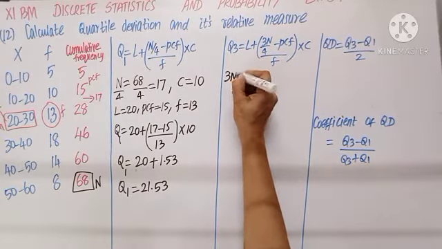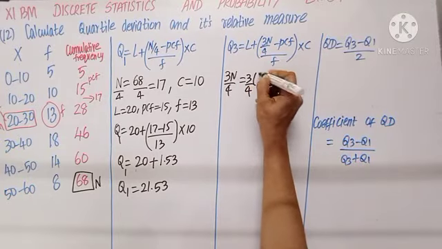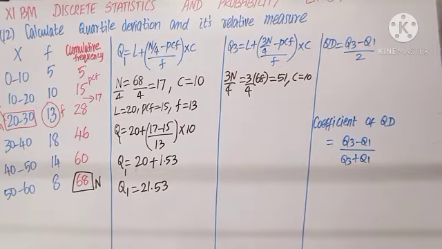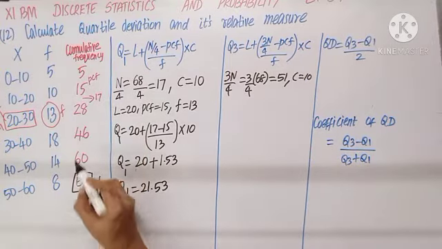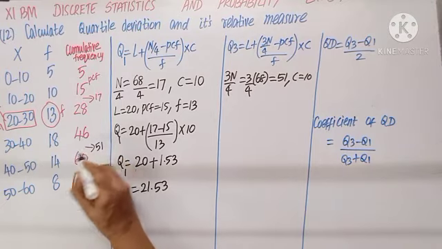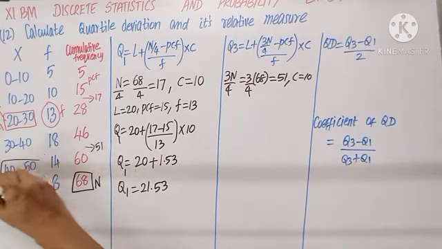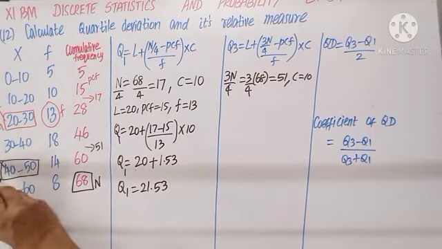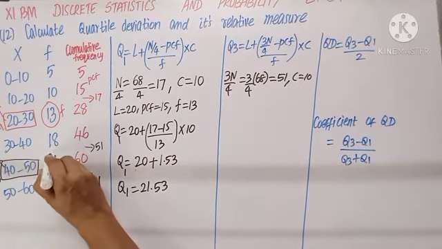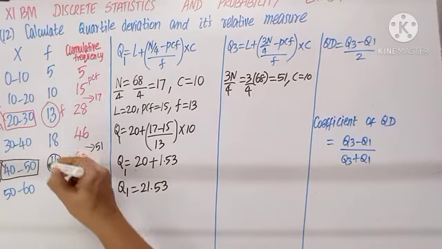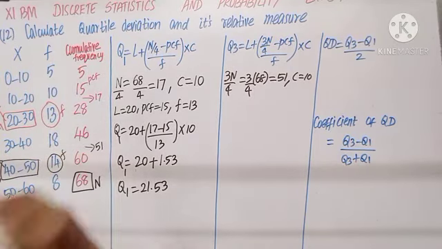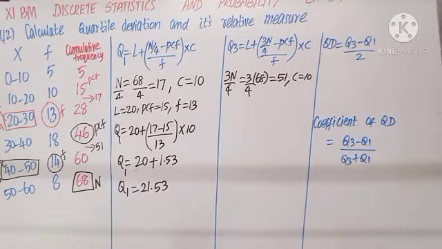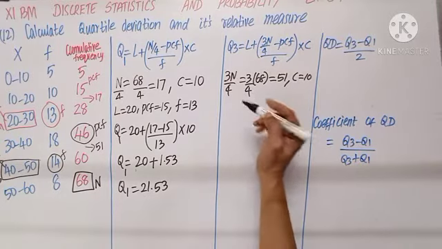The same way we will go for Q3. Find out 3N by 4, 3 by 4 of 68. It is 51. Check where 51 is crossed in cumulative frequency. 51 falls here. So this class I will call the quartile 3 class, and this number I call the lower limit for Q3. This value corresponding to the frequency of the quartile class I call F. The previous cumulative frequency we call PCF. Let us tabulate the values.